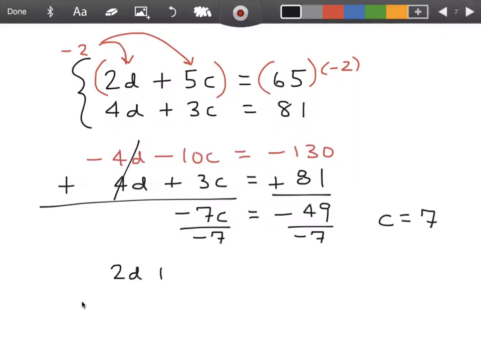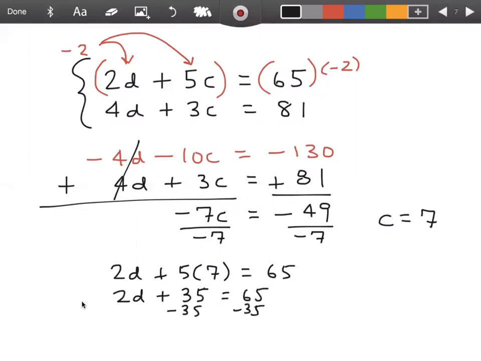2D plus 5C, and we think C is 7, equals 65. So 2D plus 35 equals 65. Subtract 35 from both sides. You get 2D equals 30.